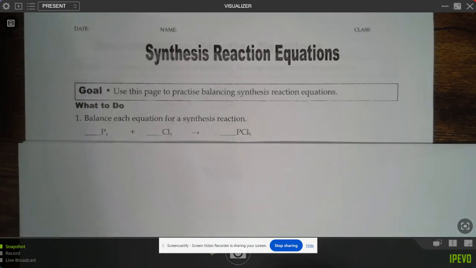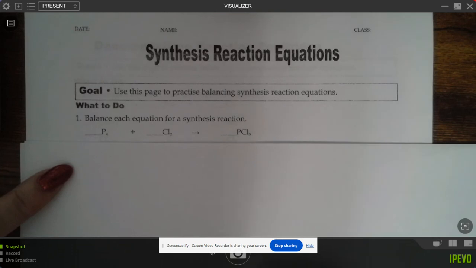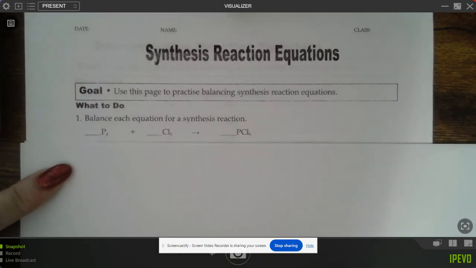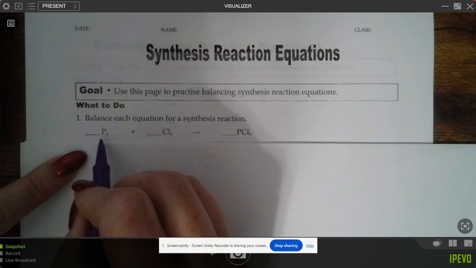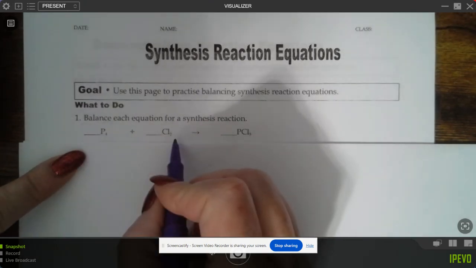And there is actually going to be a question on the quiz and on the test that asks you to draw a model of an equation. So this is something that you would draw as a model. Okay, so we start with P4 and Cl2.